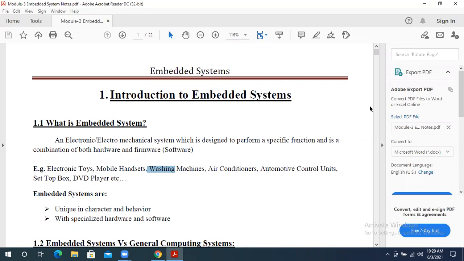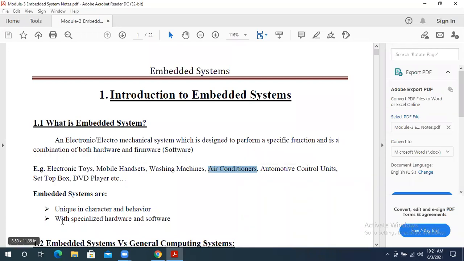Okay, once you understand that, they give some basic ideas here. The systems are unique in character and behavior, because we are focusing only on performing a specific function, so by default they are unique in character and behavior. Suppose you compare a washing machine and an air conditioner, both have different properties, because an AC gives cold air and a washing machine cleans the clothes. By default, they are unique in character and behavior here.